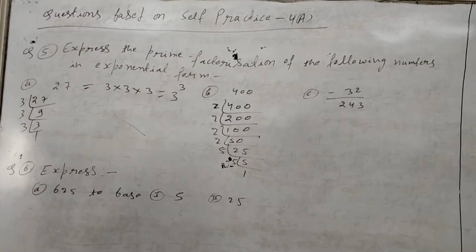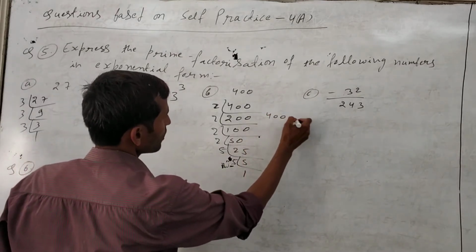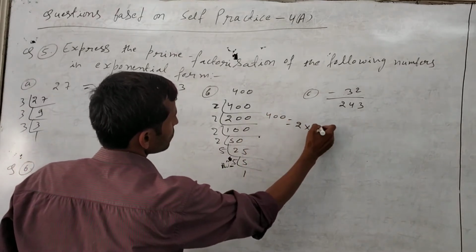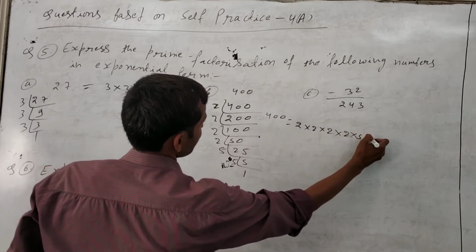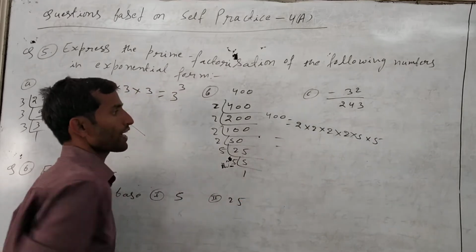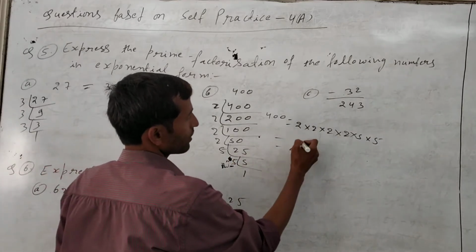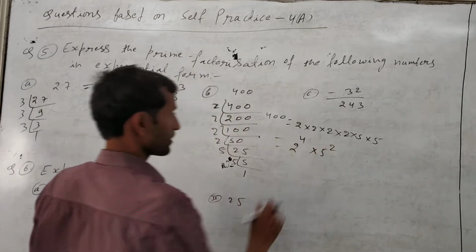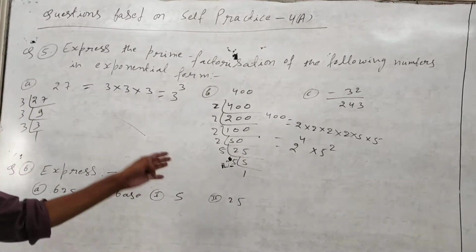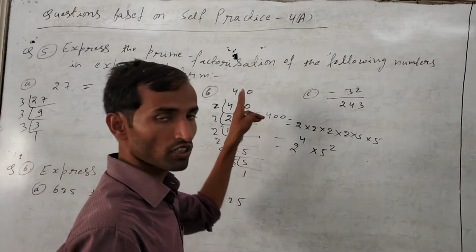After that, you write the conclusion. 400 is equal to 2 into 2 into 2 into 2 into 5 into 5, meaning 2 came 4 times and 5 came 2 times. So we write 2 power 4 into 5 power 2. This is the final answer, the exponent form of this number.